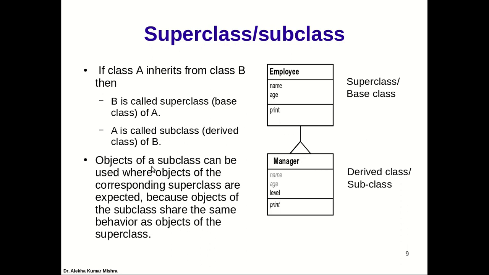Objects of a subclass can be used where we have already established this relationship, let's say employee and manager. That is, objects of a subclass can be used where the objects of the corresponding superclass are expected, and it is valid. Why? Because the objects of a subclass share the same behavior as the object of the superclass.